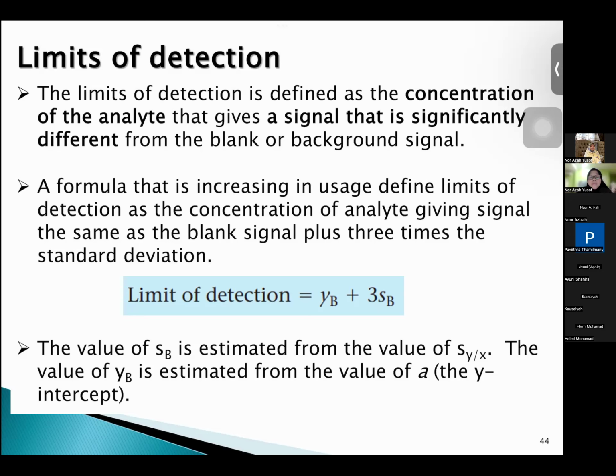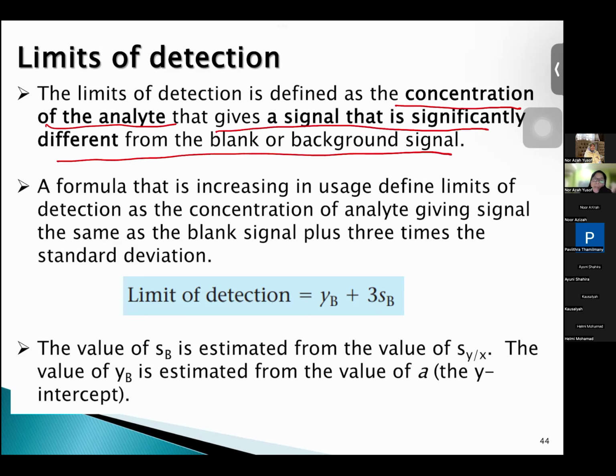But if you are developing a new wet chemistry method, by using a calibration plot we can identify the limit of detection. So if you look at the definition, it is the concentration of the analyte that gives a signal that is significantly different from the blank.